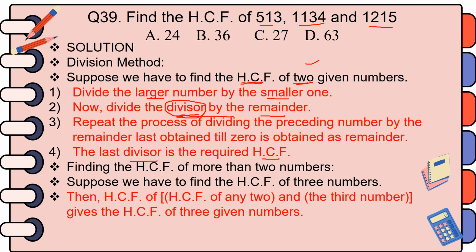What you are going to do here is that first find the HCF of any of the two numbers, using the steps from 1 up to 4. Then you get the HCF of any of the two numbers. Then you have another third number to get the HCF of the three numbers.